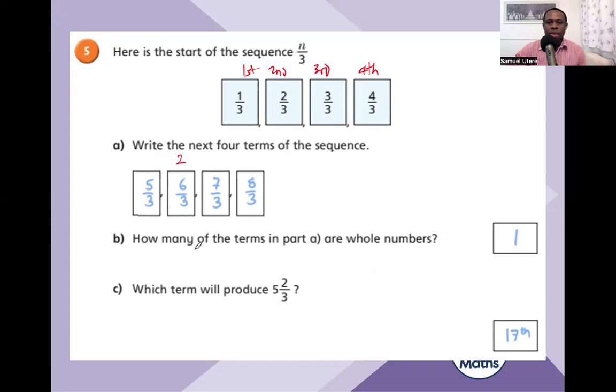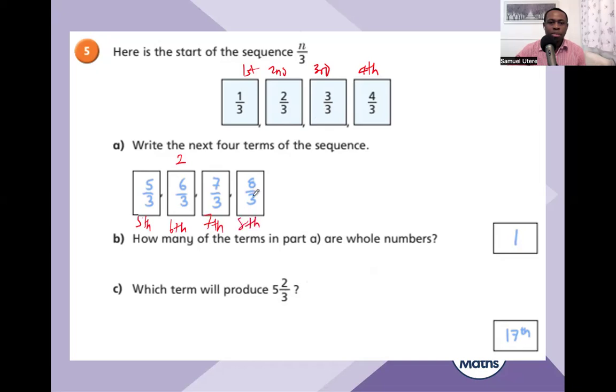Now, we're being asked how many of the terms in part A are whole numbers. Of course, it's just 1. Okay? Next, you're asked which term will produce 5 2/3. We can't answer that question until we convert this, because have you noticed that this is the 5th term, 6th, 7th, 8th.